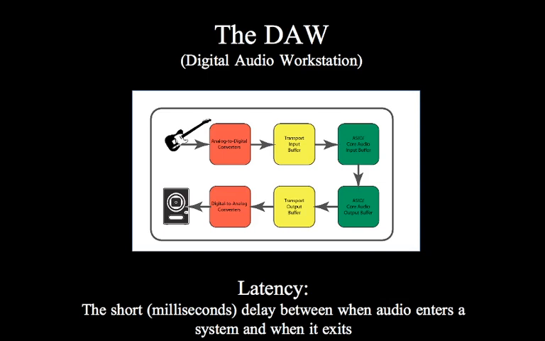So here, it gets converted into digital information. It is now samples. It is now discrete. From there, those samples have to go into the DAW, into the Digital Audio Workstation.